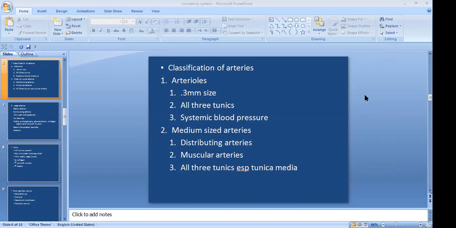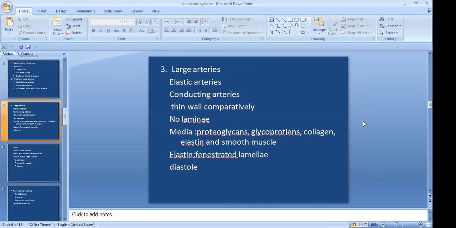Now, large arteries. The other names of large arteries are elastic arteries and conducting arteries. Their wall is relatively thin compared to the wall of the muscular arteries. So one differentiating point: the muscular arteries' wall is very thick, while the wall of large arteries is not.